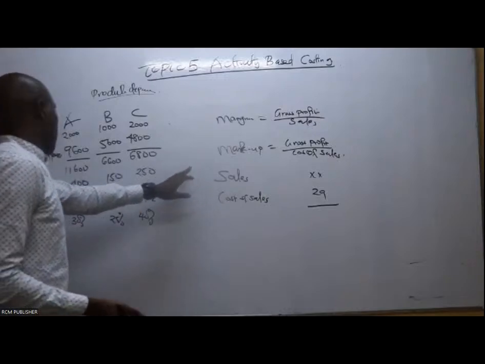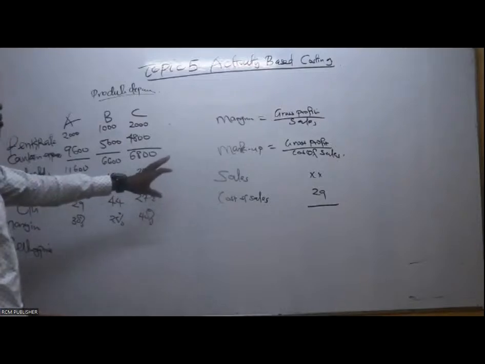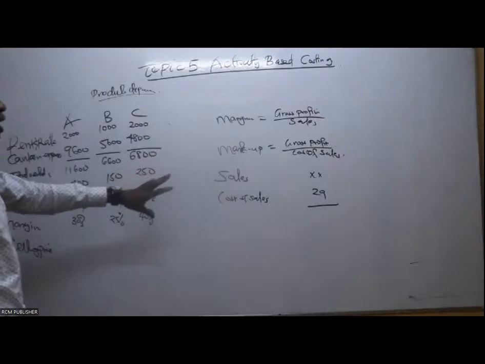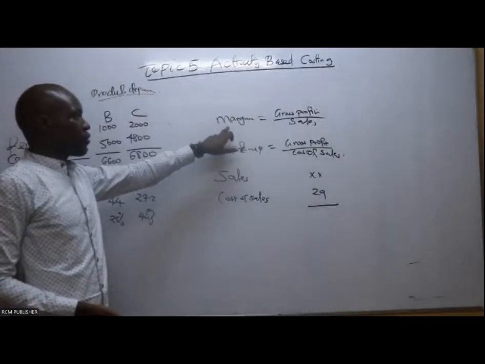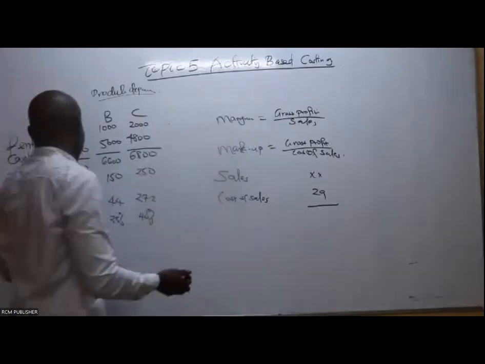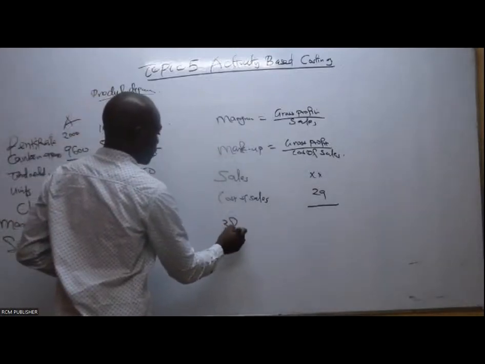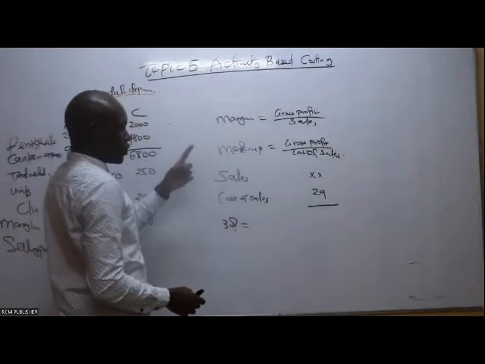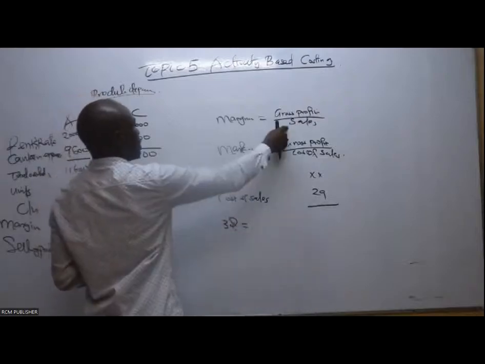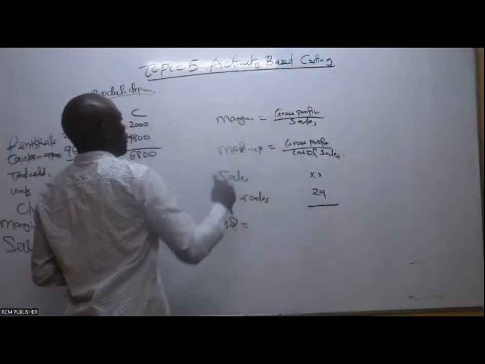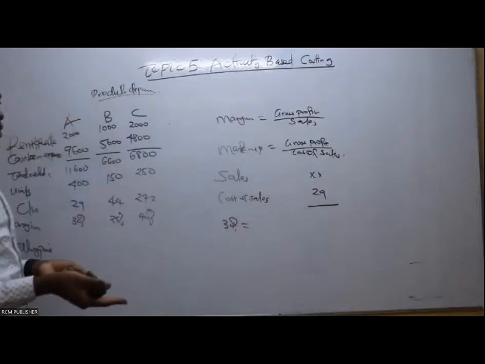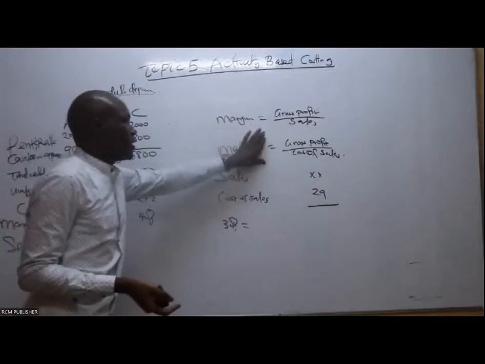We have margin and also markup. If this is the margin, 30% is equal to gross profit over sales. So we have two unknowns, sales and gross profit. What about if we say this one is markup?